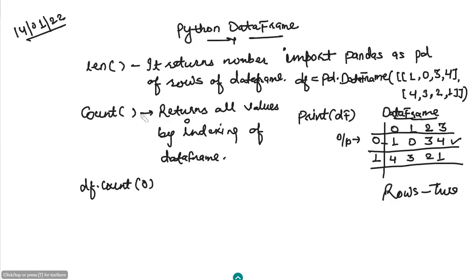So it will return the same output. It will return all values by indexing. The output will be the same as we have got the previous output, right? 0 and 1. 0, 4 and 1 is also 4, right? This is not the index numbers, right? So you are passing an index number like 0, 1.